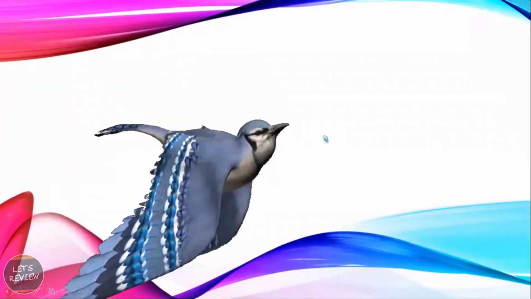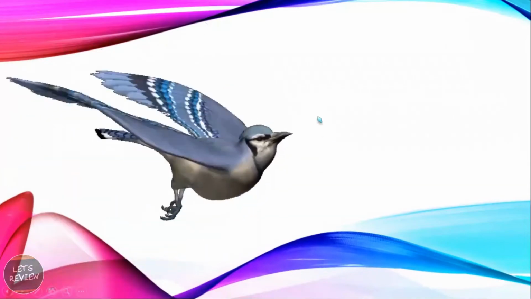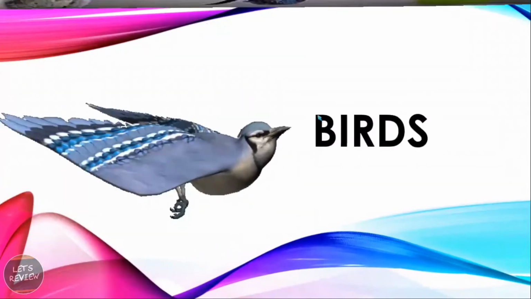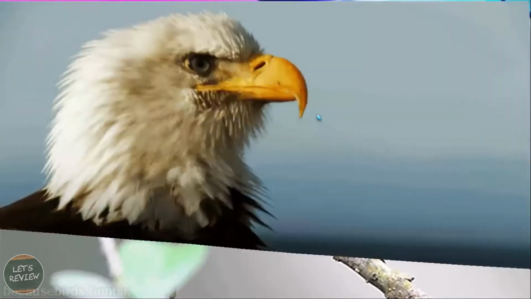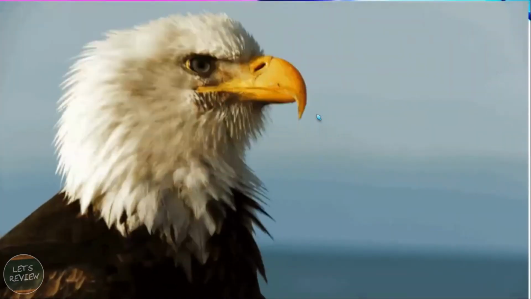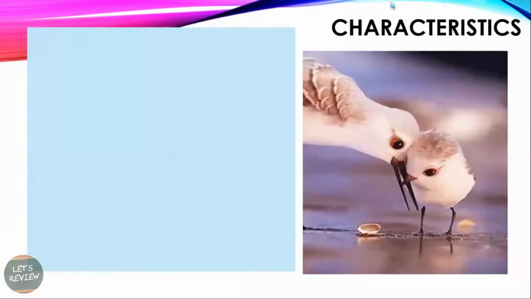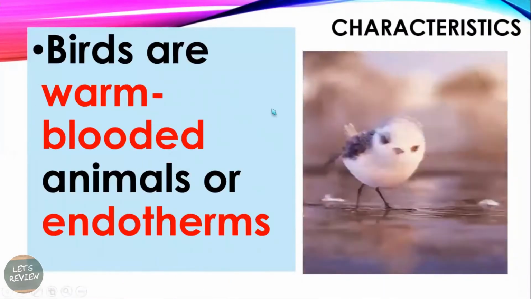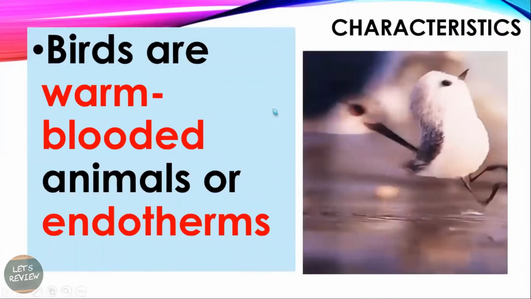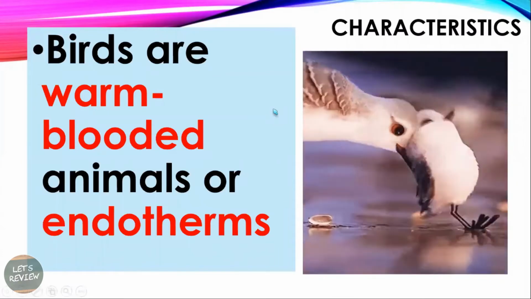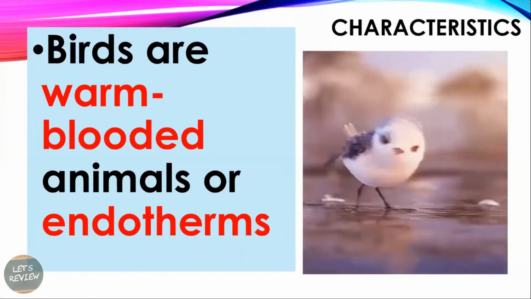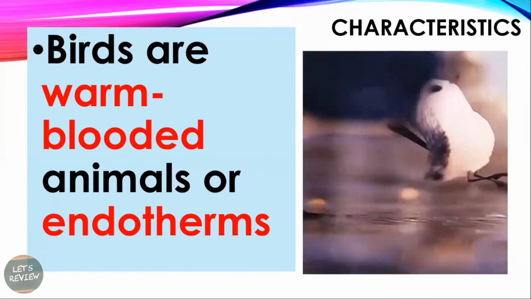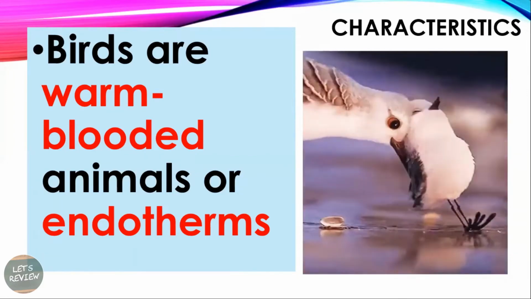Second example of vertebrates: let's talk about the birds. What are the characteristics of birds? Look at my examples here, like the eagle. First, birds are warm-blooded animals or endotherms, meaning the body has the ability to generate and maintain a constant temperature.